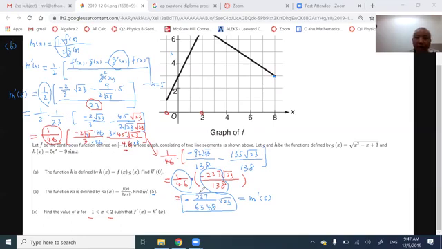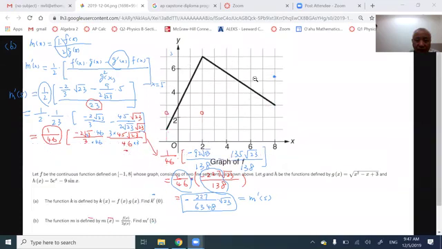So when you have f derivative, let's lower down a little bit with the graph here, okay? F derivative from -1 to 2, that's a straight line here, right? That's just a straight line.